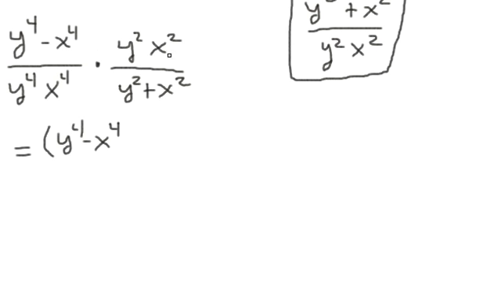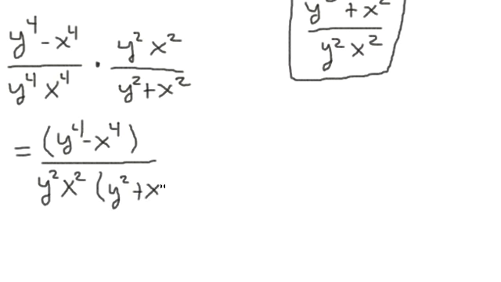Actually, I don't need a parentheses, but since I started one, I guess I'll just finish it there. We're going to end up with a y squared and an x squared in the denominator. Because we have 2 y's, we're going to cancel 2 of them out down here, so it's going to be left with 2, and same thing with x. And of course then we have y squared plus x squared.